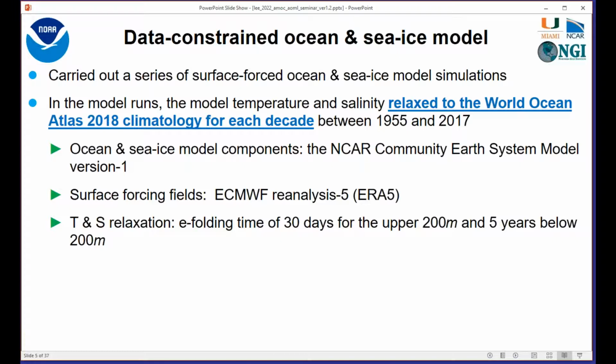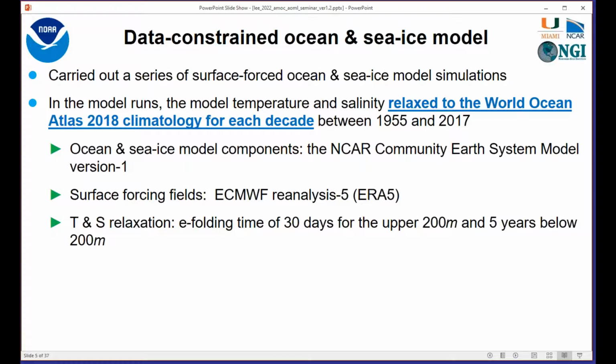The ocean model component is the ocean and sea ice model components of NCAR's Community Earth System Model version 1. For the surface forcing, we use ECMWF reanalysis 5.